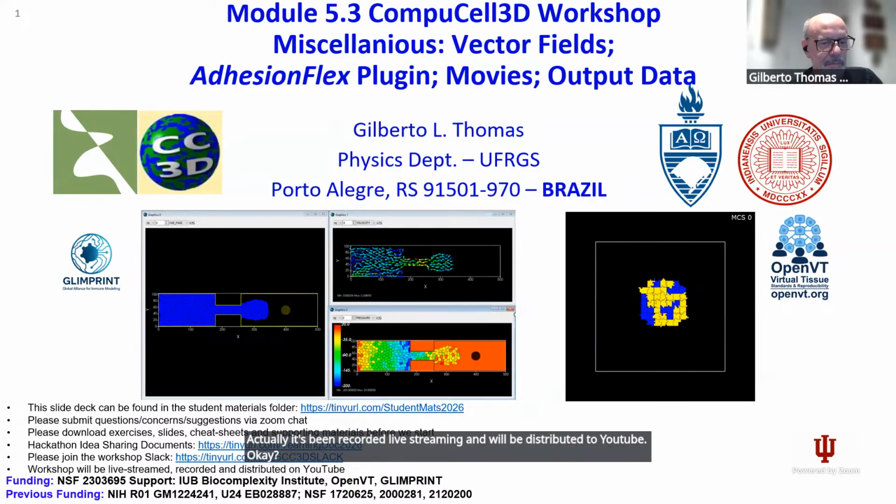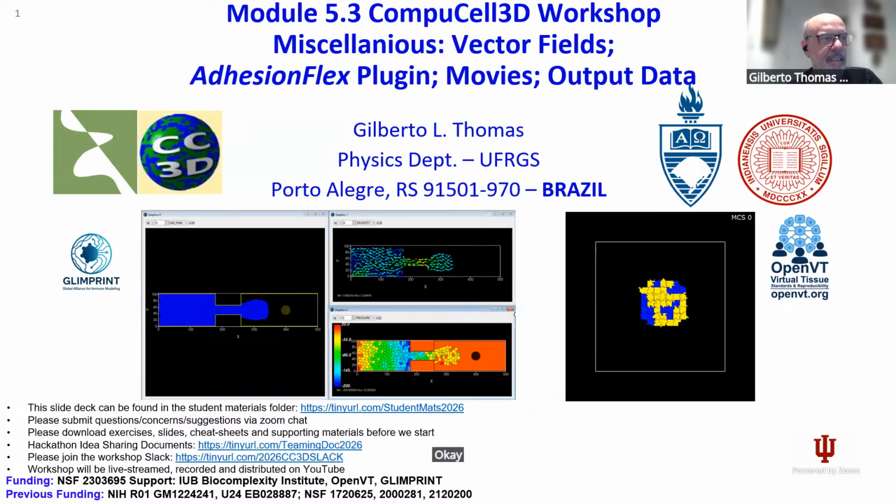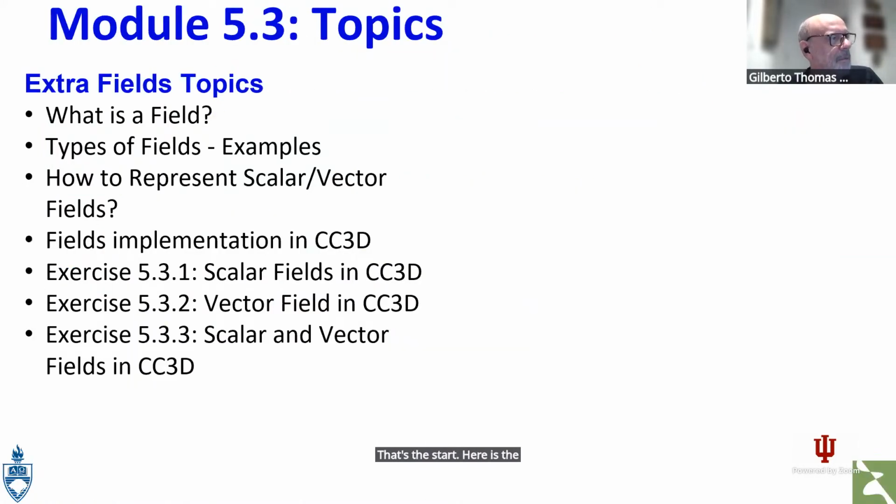Okay, let's start. Here are the topics that I'm going to talk about today. There is a special feature in CompuCell that allows you to describe fields. But what is a field? This is the first thing we are going to introduce today.